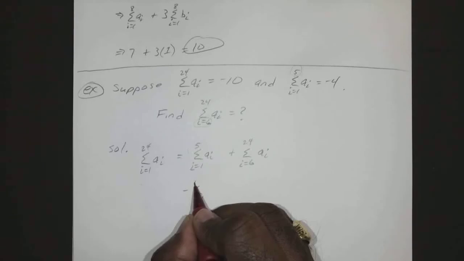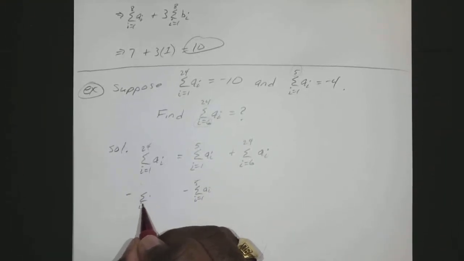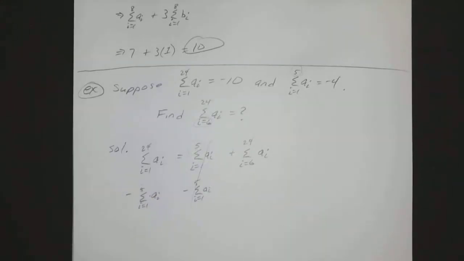So from I equals 1 to 5, from I equals 1 to 5, a sub I, where these two cancel out.